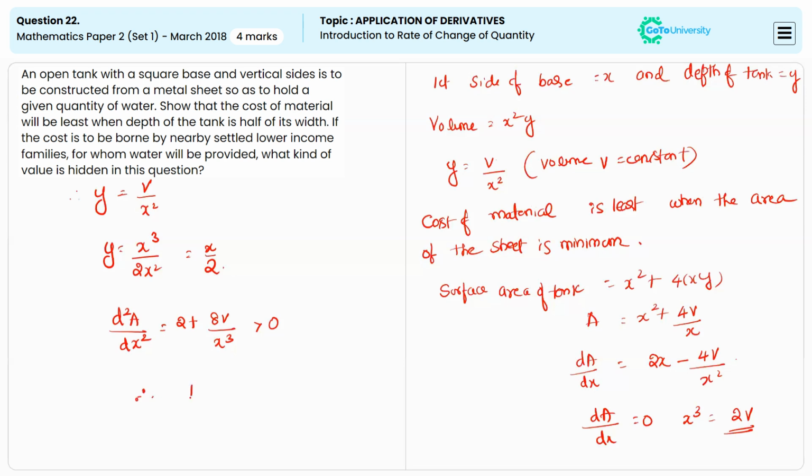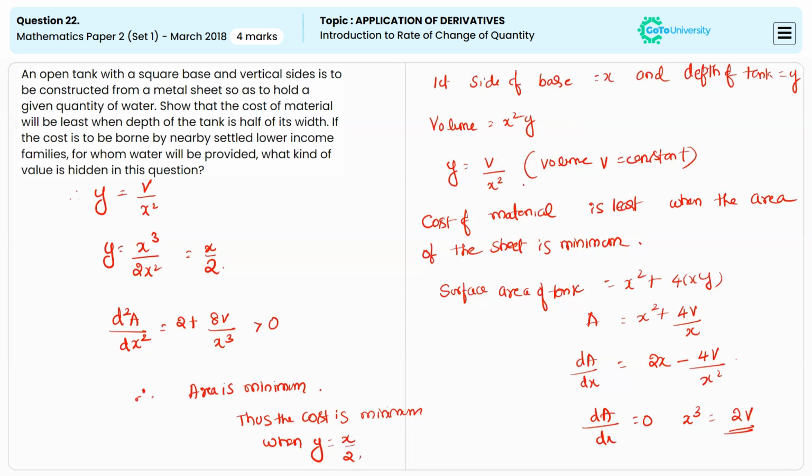That means we can say the area is minimum, thus the cost is minimum. The cost has to be minimum means area has to be minimum, right? It is minimum when the height y is equal to x by 2.